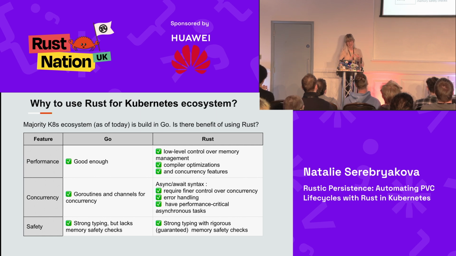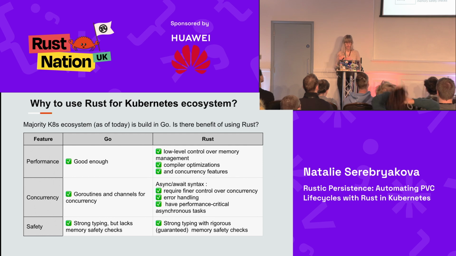But I decided on this slide to represent the idea that both languages are pretty good, but Rust has certain benefits in areas like performance, concurrency, and safety, which, in the case of Kubernetes operators, give us a bit of an advantage, right?